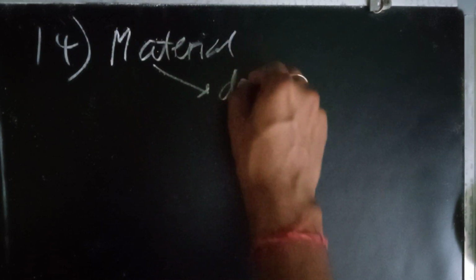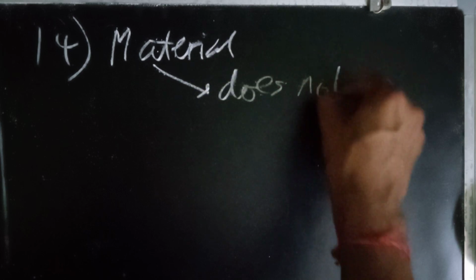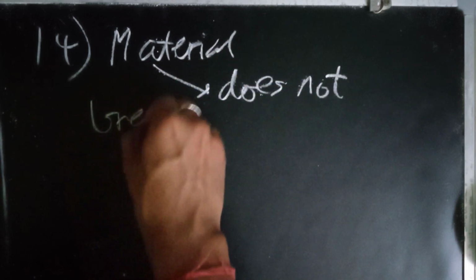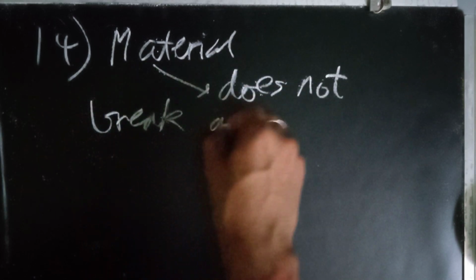Galvanization uses Zn, zinc, which prevents rusting. Now the 14th: what is that type of material that does not break at the fracture point?